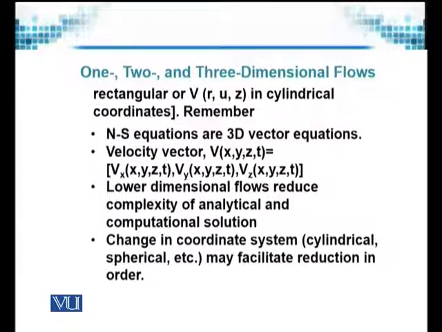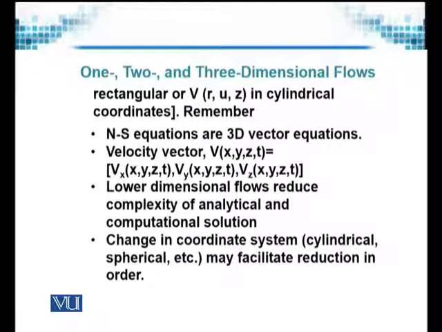Lower dimension flow reduces complexity of analytical and computational solution. If it is one dimensional, it is much easier to solve, although not always, but in most cases. Two dimensional, the level of difficulty has increased.